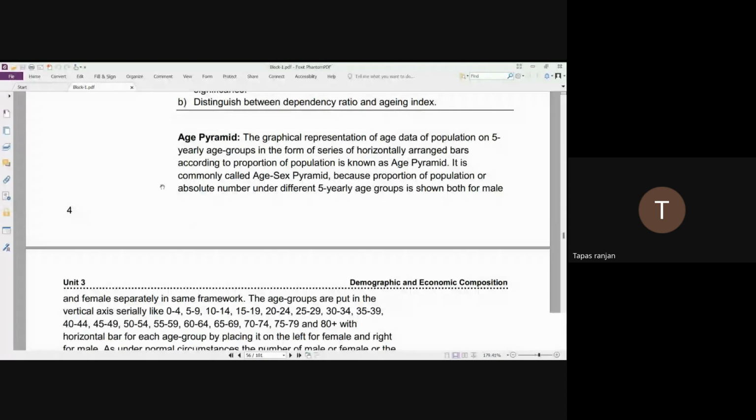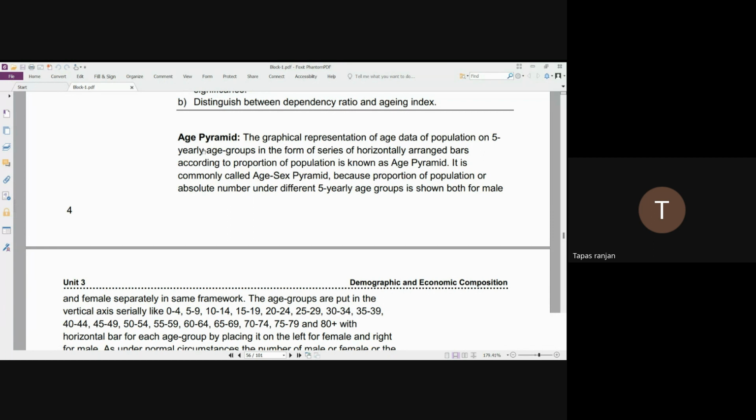Together we could have studied the age sex pyramid, but here the age pyramid basically represents the age data of the population on 5 yearly age groups, in the form of a series. I think in graduation you might have studied the age sex pyramid, which is the graphical representation of the male and female population in different age groups.